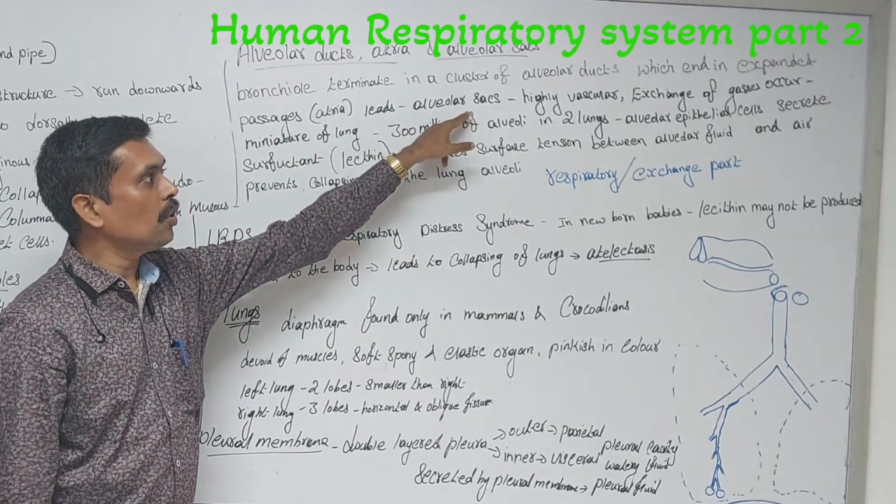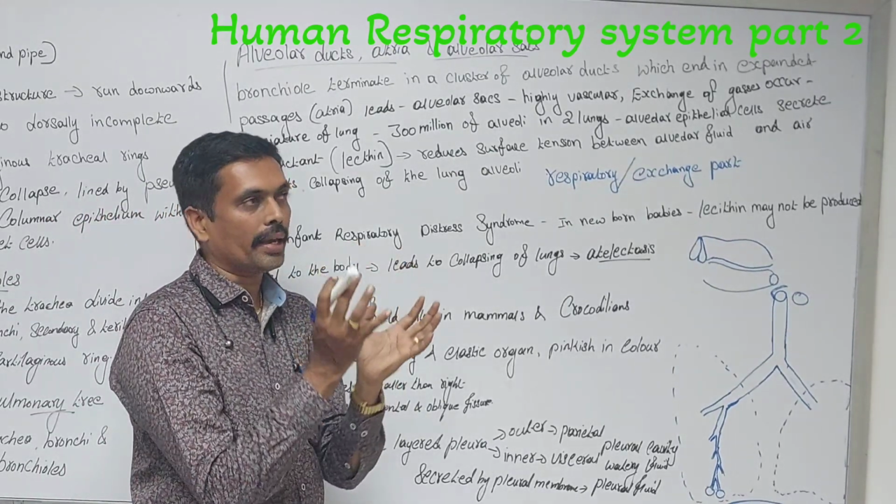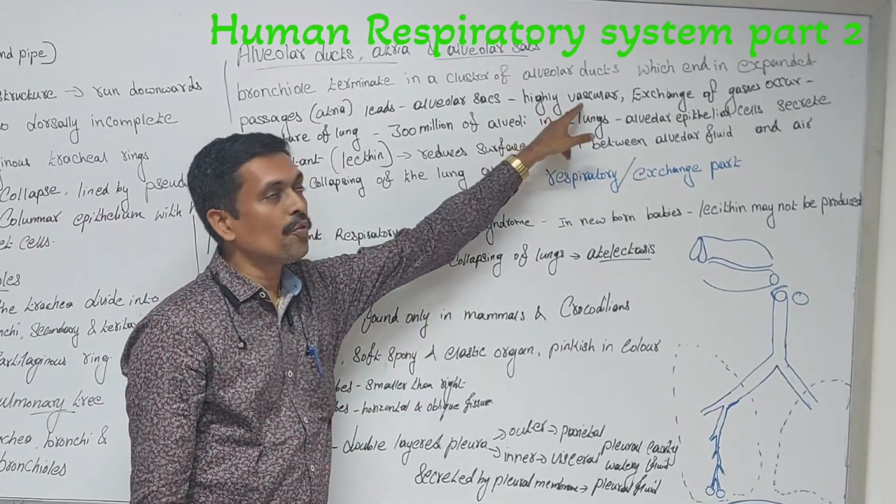Atria lead to the alveolar sac. The alveolar sac is a sac-like structure. It is surrounded by blood vessels, so it is highly vascular.